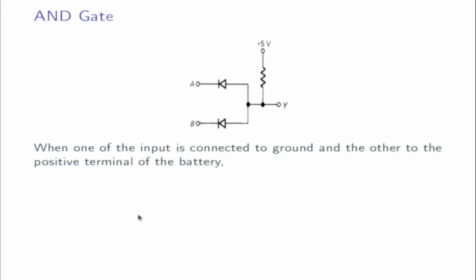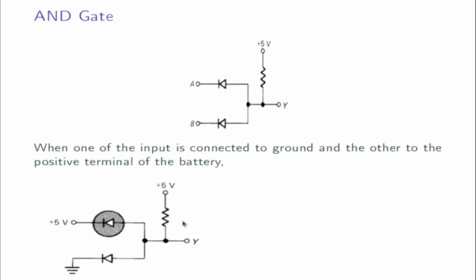Now when one of the inputs is connected to ground and the other is connected to the positive terminal of the battery, that means like this. This diode is connected to the positive terminal of the battery and the other one is connected to ground.